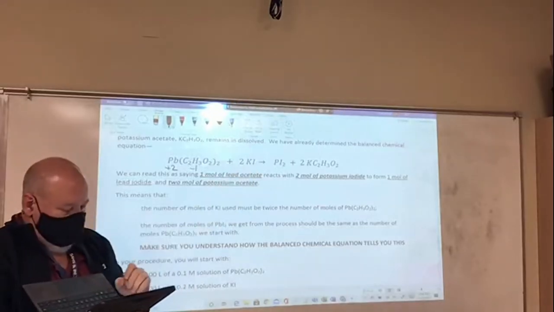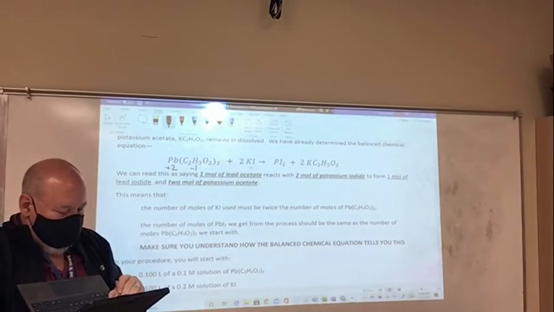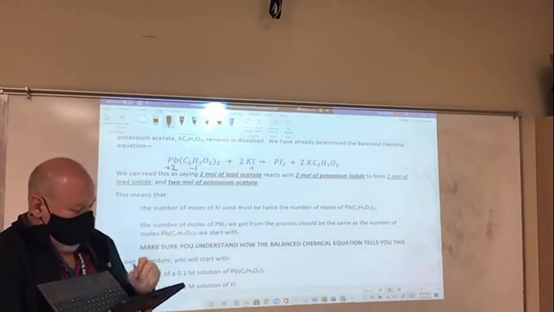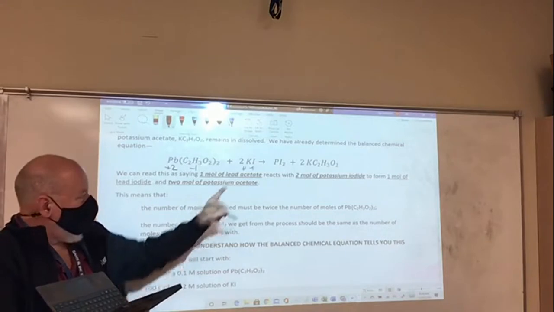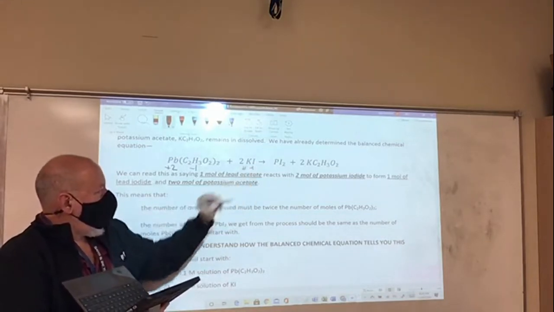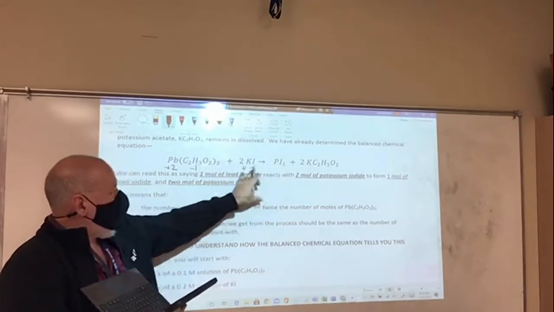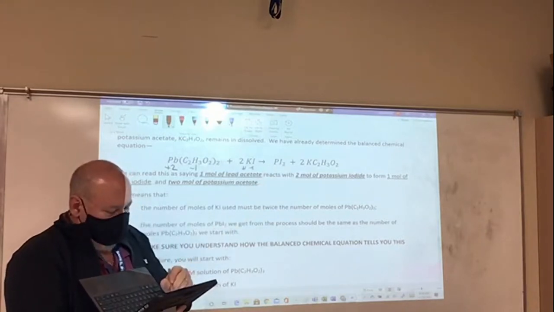Then my iodide ion has a -1 charge, and my potassium has a +1 charge, so potassium iodide.